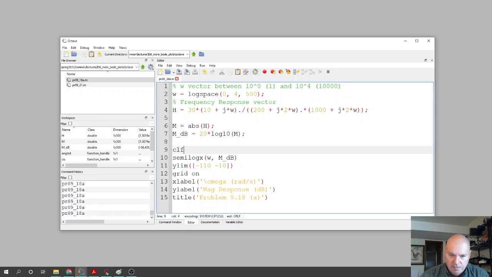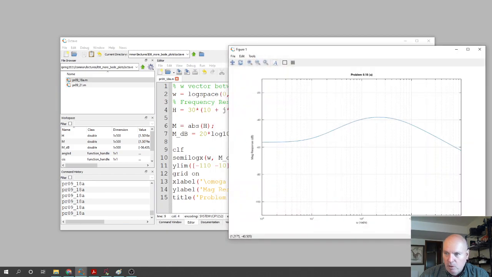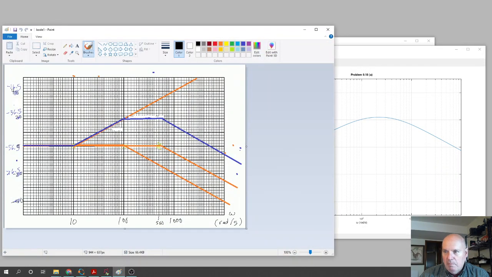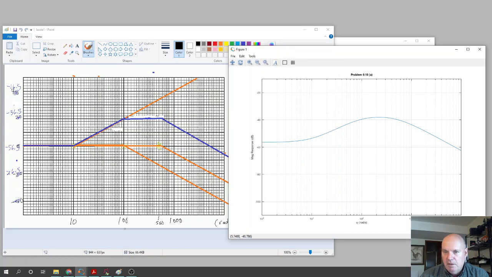So I run this, and the plot looks like this. Now let me pull up my plot in dB, pull these side by side, and depending on your point of view, they look pretty similar or not. Notice if in an Octave plot I move my cursor around, you can't actually see my cursor in the video, but I've got it right on the left edge of my blue plot.